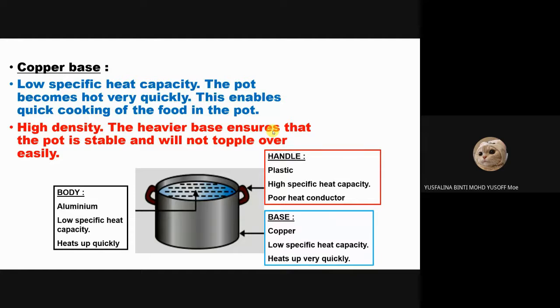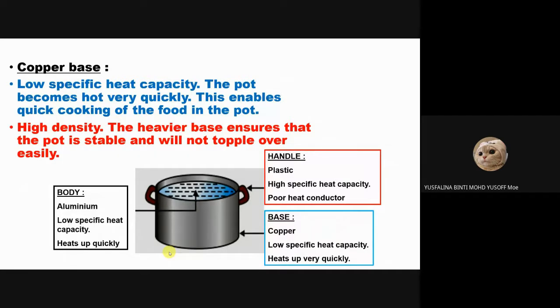At the base you have to put the material that heats up faster, so we use low specific heat capacity so it can heat up faster. And at the copper base, it must have high density so it can be stable and will not move around. The heavier base ensures that the pot is stable and will not topple over easily.